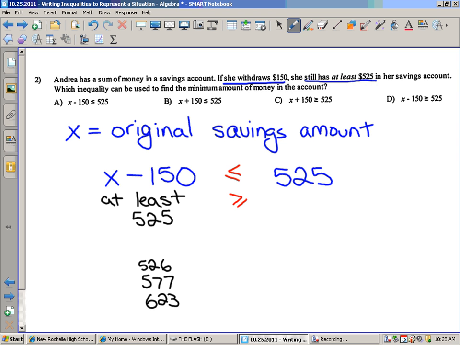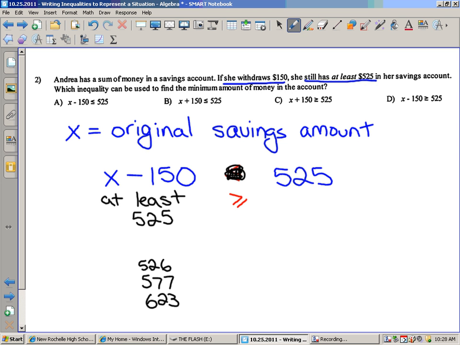You understand what I mean? If you have at least $10 in your pocket, how much do you have? You have more than it, right? So which side is bigger? The one on my left or the one on my right? The one on the left side. And so the answer must be this one. Do you see it?